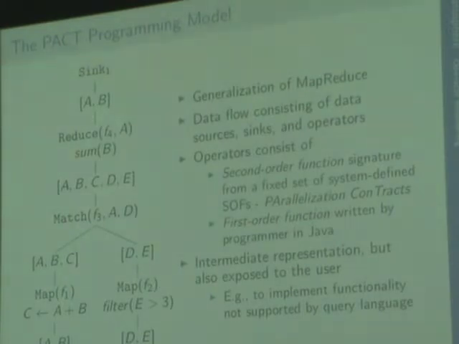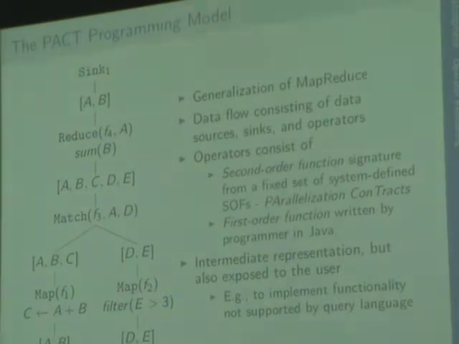And in match, the first order user-defined function is called for every two of the inputs. It's a binary operator. It's called for two input tuples where attributes in this tuple match. In our data model, the records that flow through the system, you think of them as tuples, and you have several attributes.